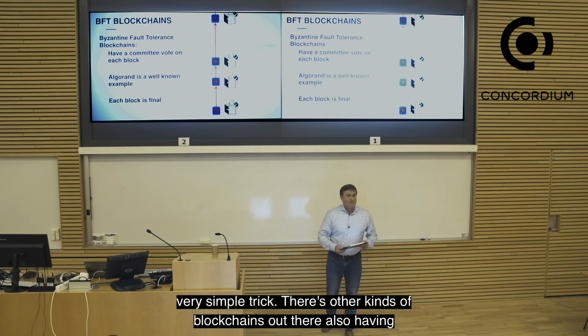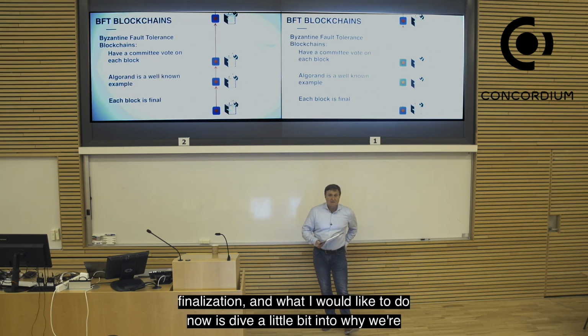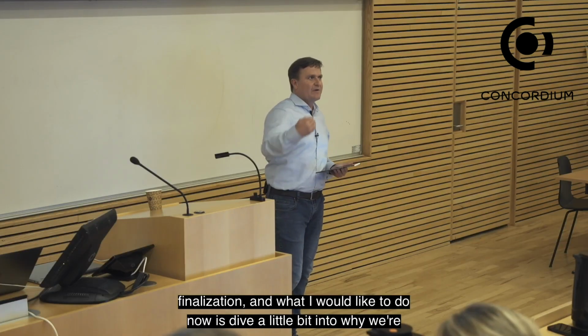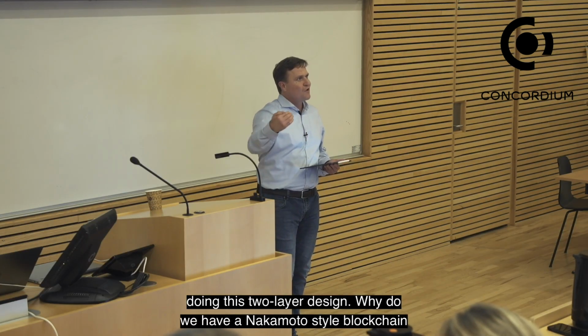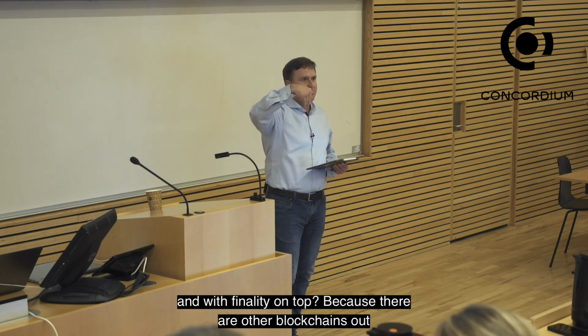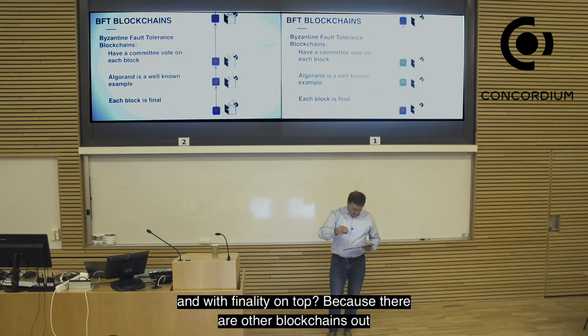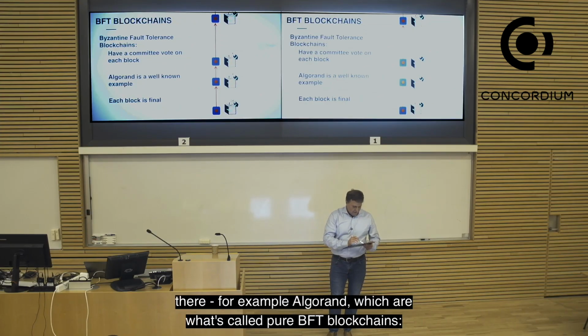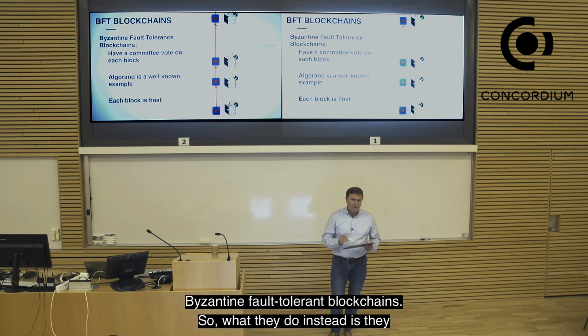There are other kinds of blockchains out there also having finalization. And what I would like to do now is dive a little bit into why we are doing this two-layer design, okay? Why do we have a Nakamoto-style blockchain and then with finality on top? Because there are other blockchains out there, for example Algorand, which are what's called pure BFT blockchains, Byzantine fault-tolerant blockchains.